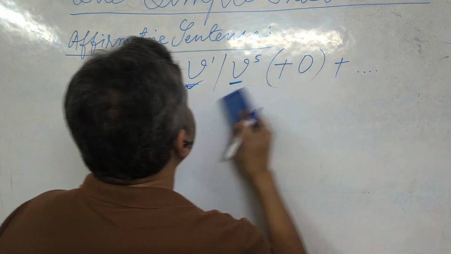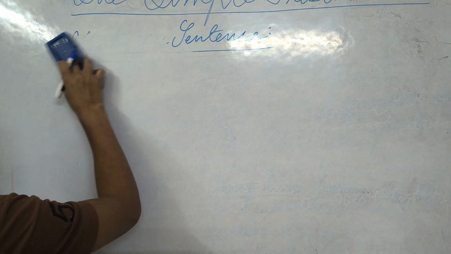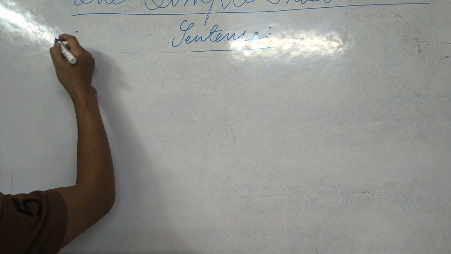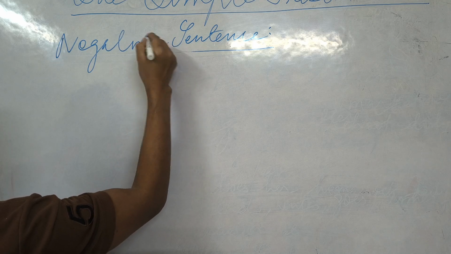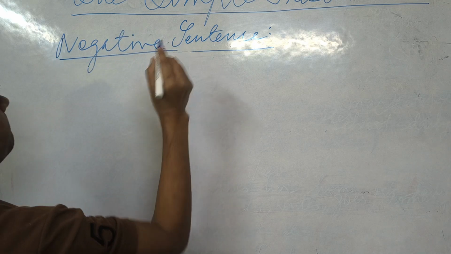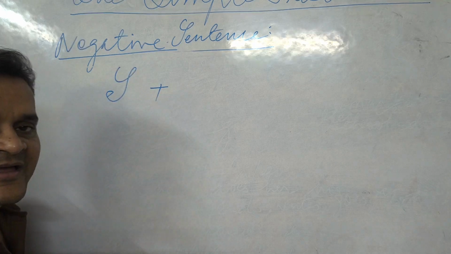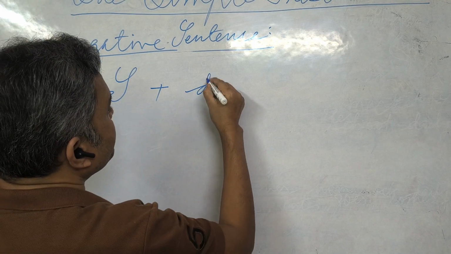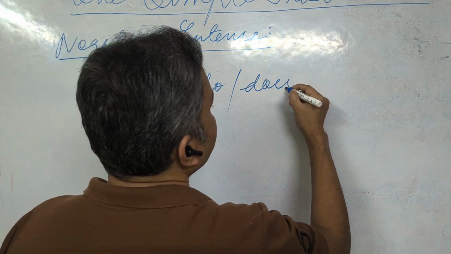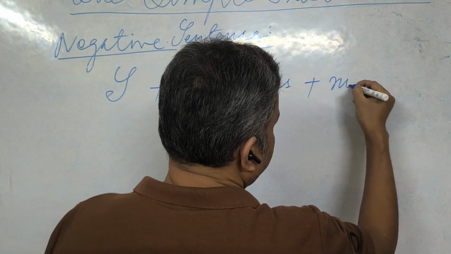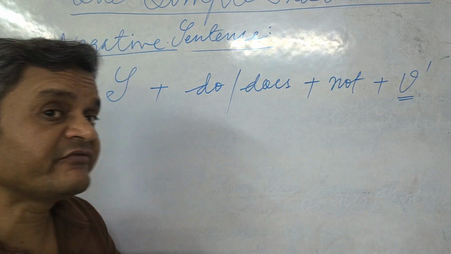Okay, now let's see the structure of the negative sentence. In the negative sentence, we use the auxiliary verb do or does, and then we use the adverb not, and after that we use the V1 form only.